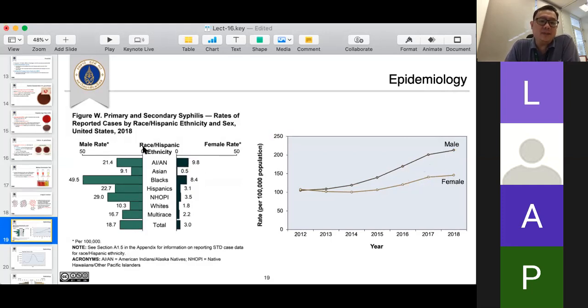The ethnic group inside the American population is mostly black males. That is quite serious. For Asians, it is quite few, but still 9.